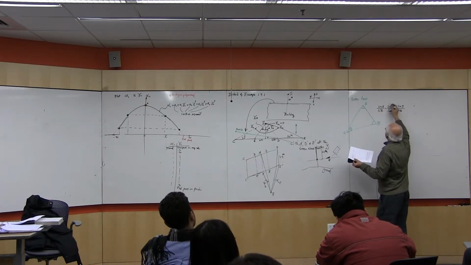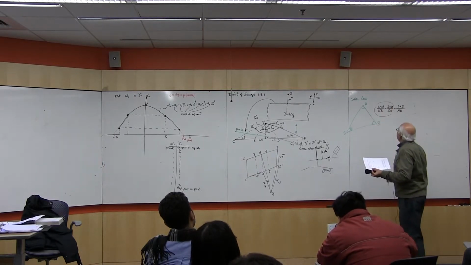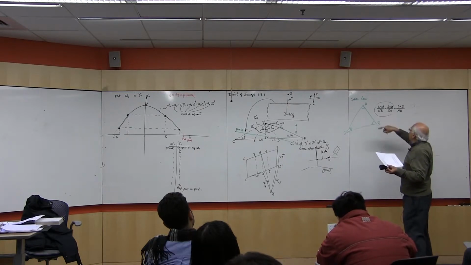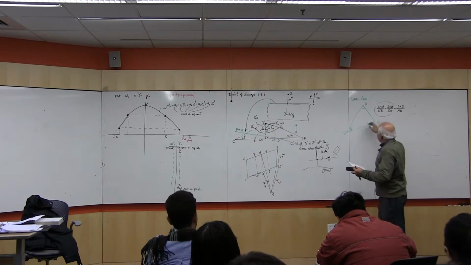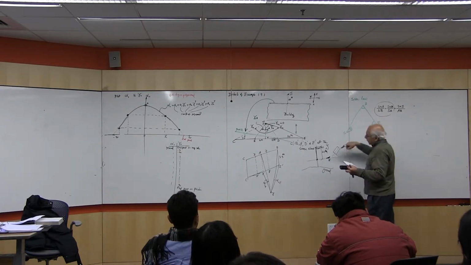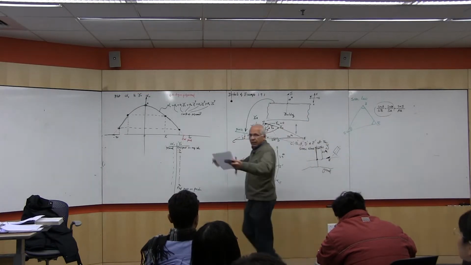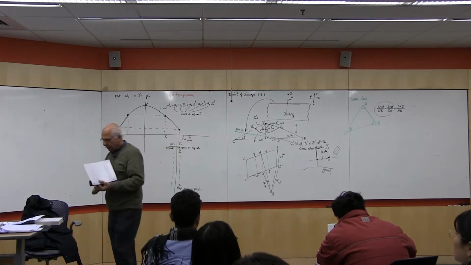Every pair of them comes very handy. If you have the length, you can get the angle, or if you have the angle, you can calculate the length. So this is very useful for a problem like this when the geometry is a little bit more complicated.